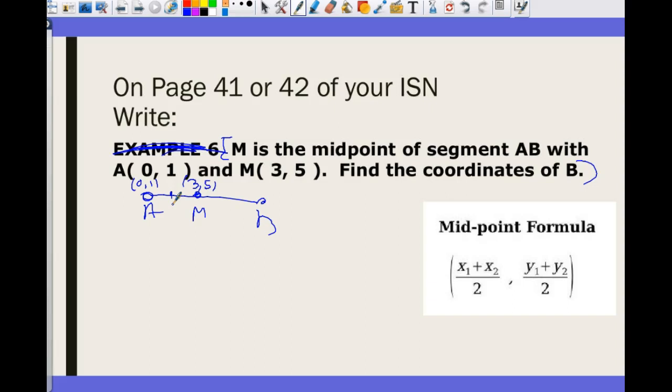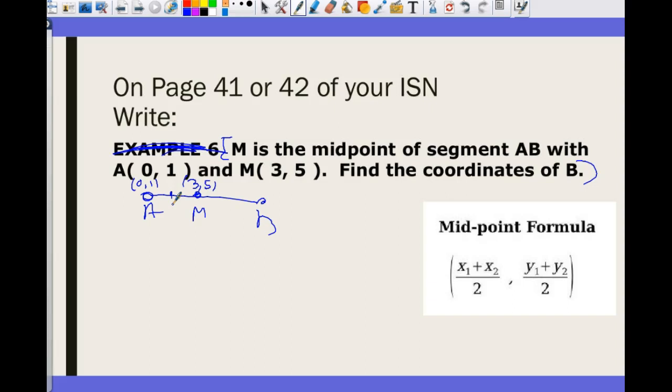So there's 2 ways to do it. The first way is to say, okay, let's think about this for a minute. If we know M is half the distance to B, right? Well, what's the distance from A to M in terms of the x components? So look at the 2 x components. There's a 0 and a 3.